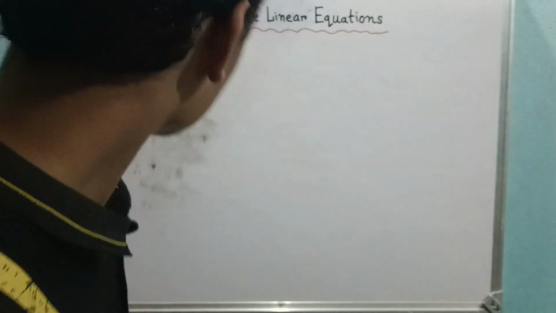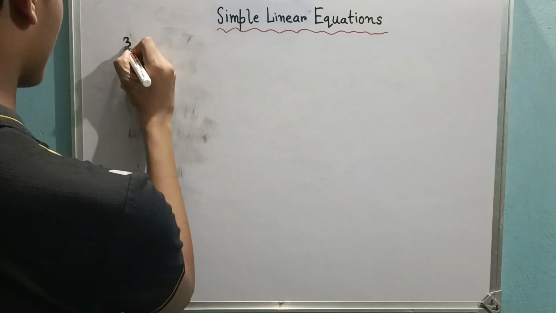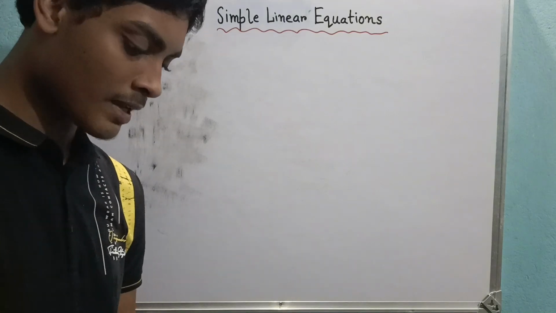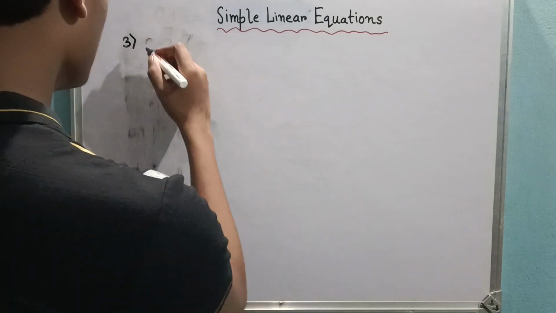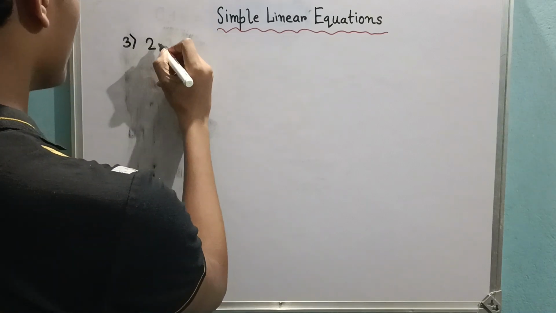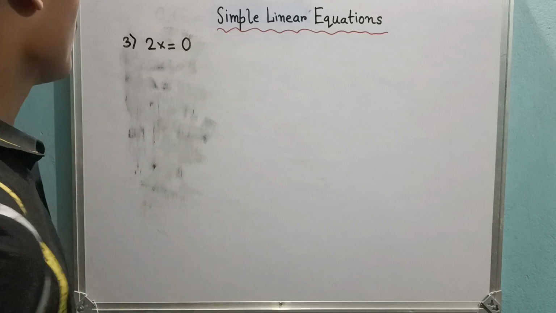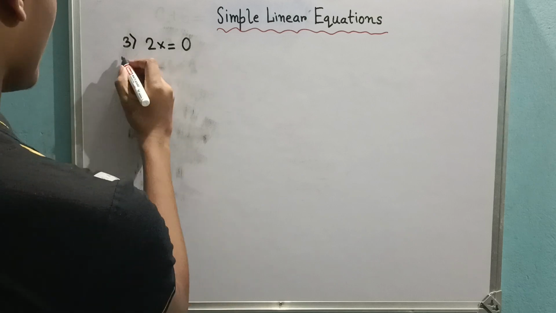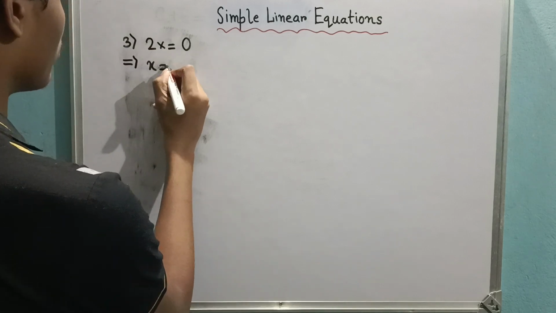So now, same type of sum, but it is slightly different, and some students I've seen, friends only, sometimes make a mistake, that 0, this number always troubles them. So not a big deal. We have 2x is equal to 0. So now if we go on the same method, here x will be equal to 0 divided by 2.